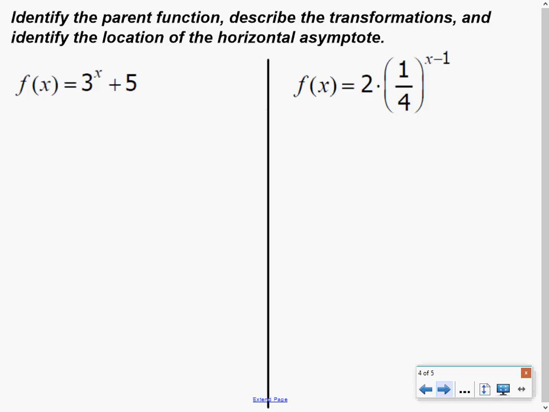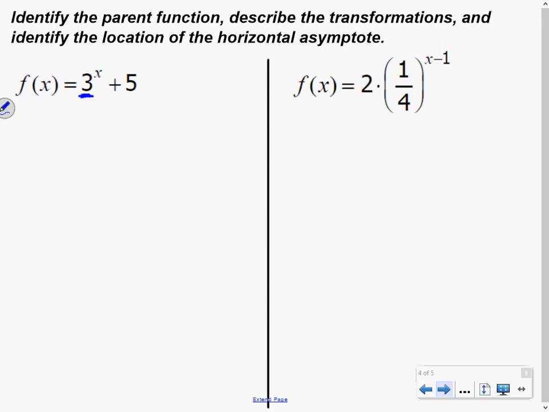This is going to be a pretty short video. I want to look at these functions, identify the parent function, the transformations, and then identify the location of the horizontal asymptote. When you're trying to find the parent function, you are literally just doing the base to the x power.